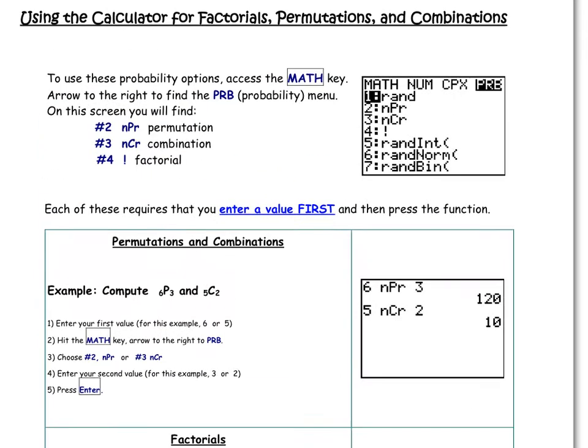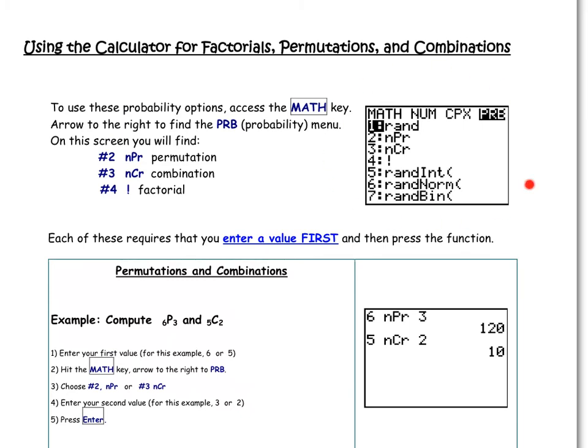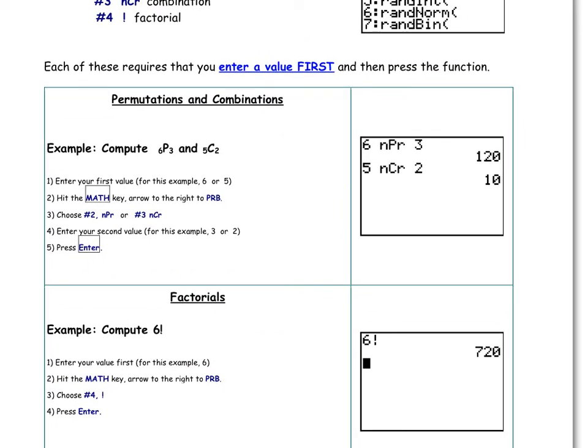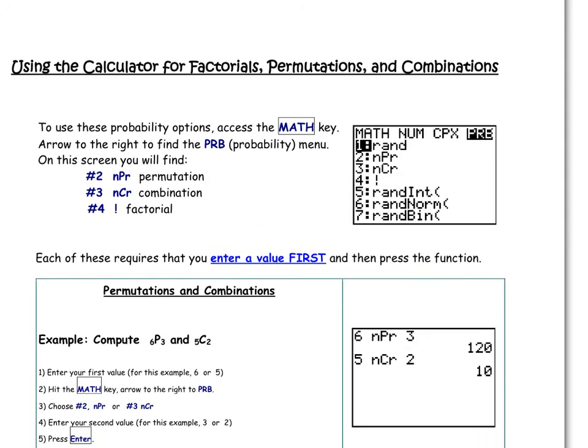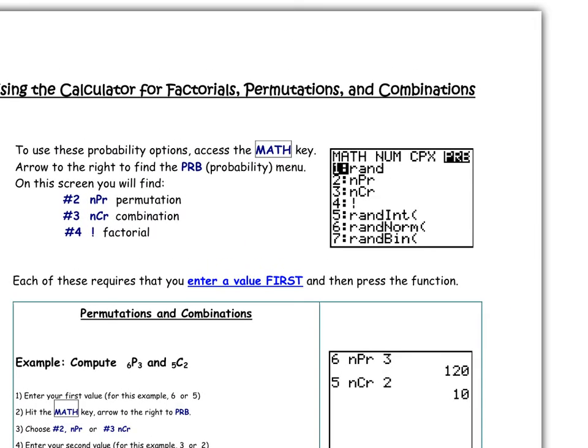So again, you're going to look at this screen up here, but now you're going to hit 2 for nPr. And then go ahead and put in the 3 because we want to do 6P3. So you're going to see 6 nPr 3. That means 6P3, and that would be 120. If I wanted to do a combination, I would simply look in the same spot where I was, hit math, PRB, and then hit 3. So let's go back to examples.